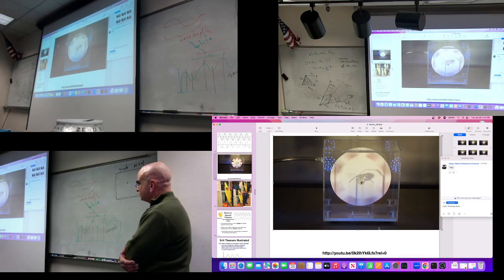Aliasing occurs in video when the sampling rate of the camera interacts with a rotating object. This is the wagon wheel effect.